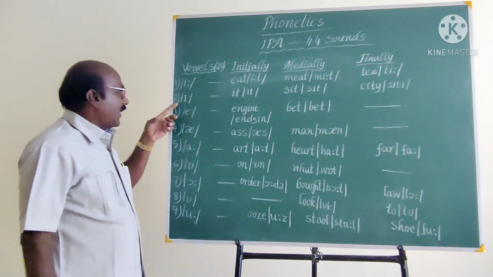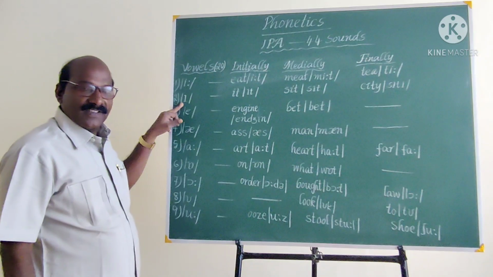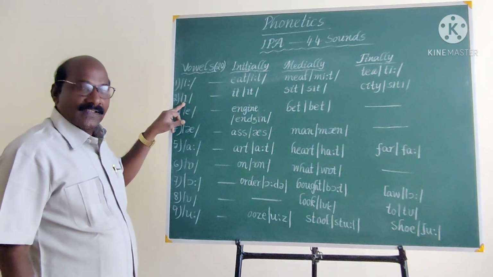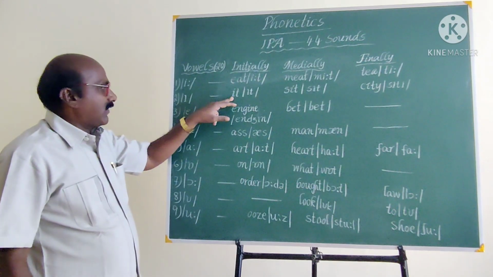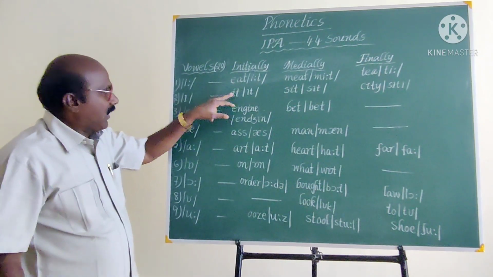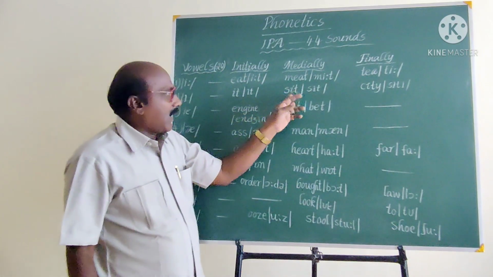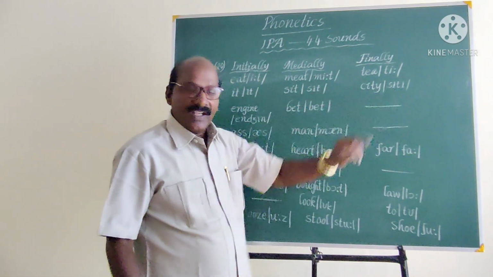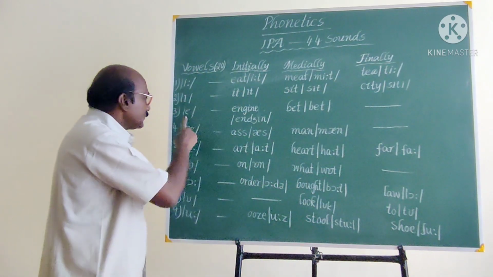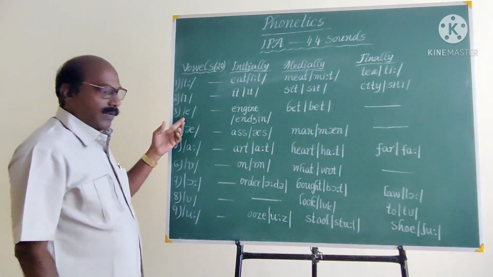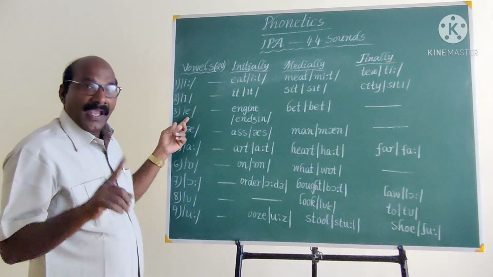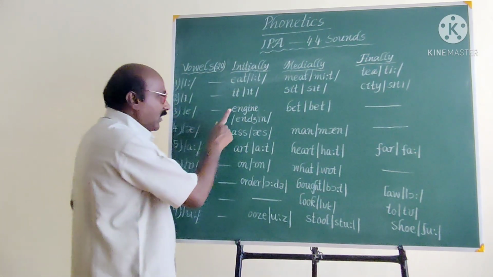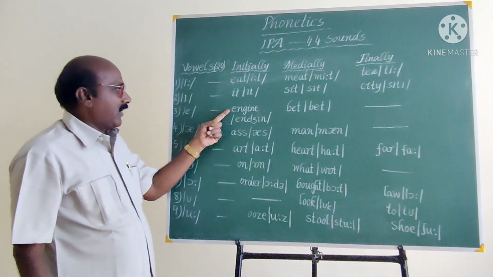And the second vowel sound, this is the short E, I. It should be sounded as I, as in it. Initially, and in the middle, sit, and finally, city, city. The third one, this is A. The sound is pronounced as A, as in engine.